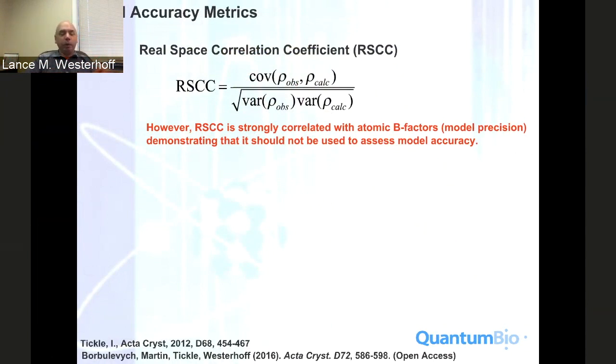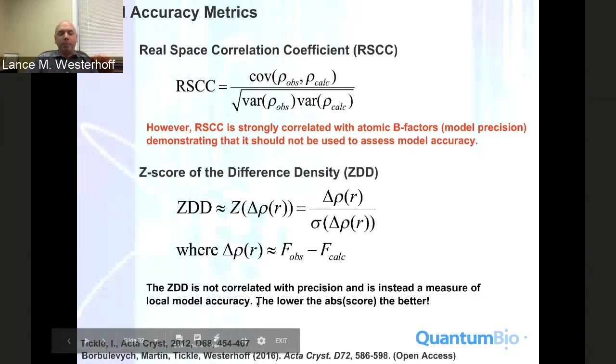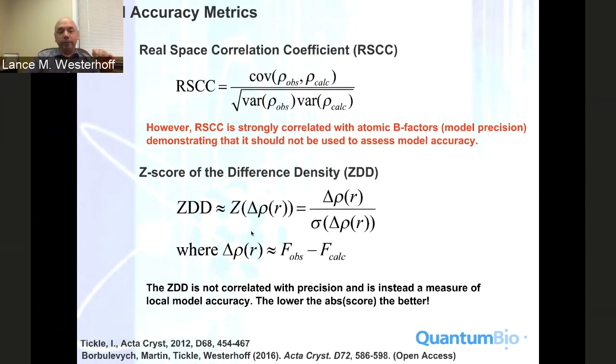So we started looking around, and we went through literature searches, all the standard practices that you do as a research group. And we came across this nice paper by Ian Tickle, where he talked about the z-score of the difference density, and we thought, boy, that sounds like a neat approach. He goes into a lot of detail explaining how it's derived.